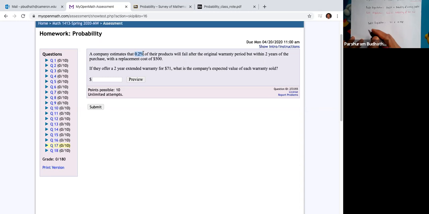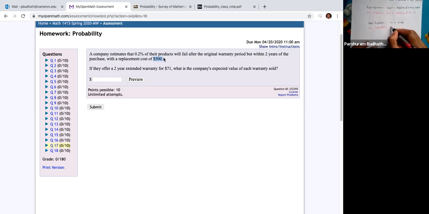Similarly, the loss expectation for the company is equal to loss. If that product fails, then the company has to pay $500. But because the company already took $71 from the customer, they would lose only 500 minus 71, which is $429.